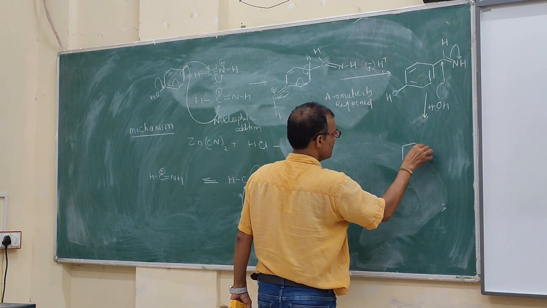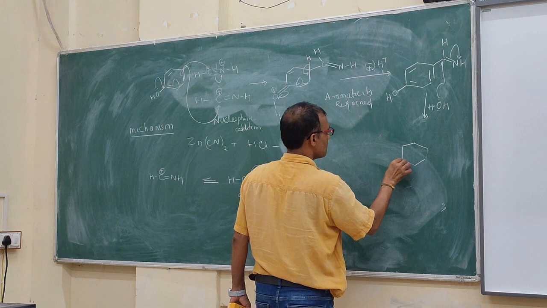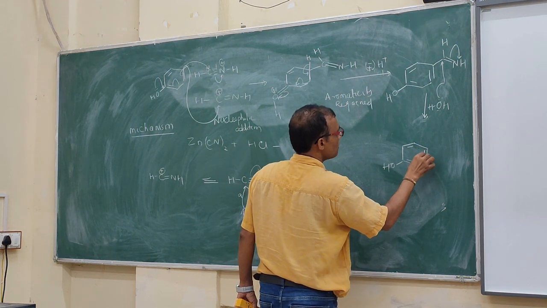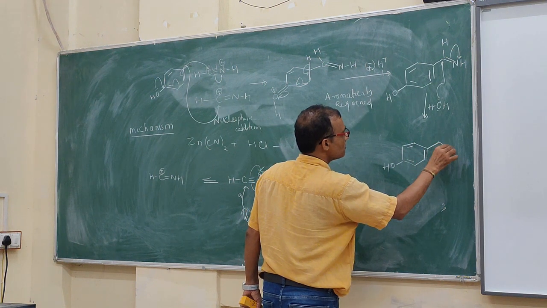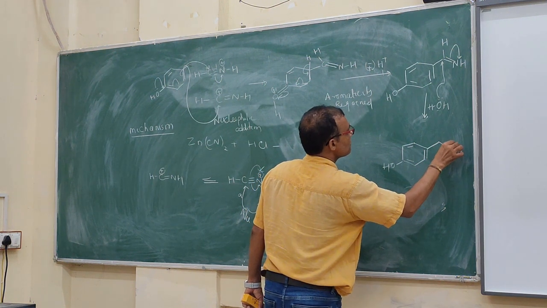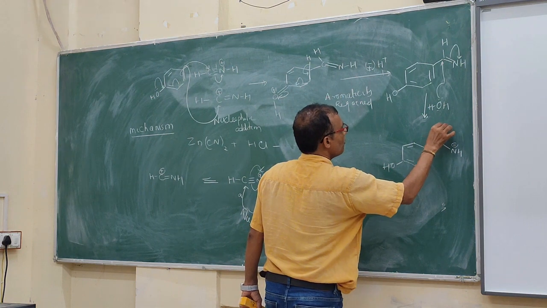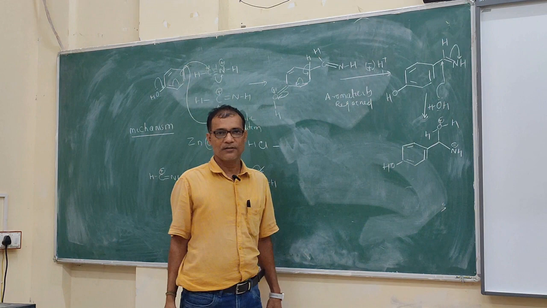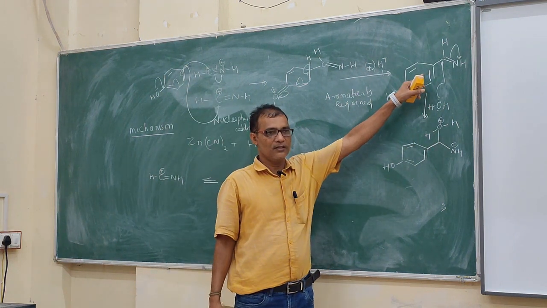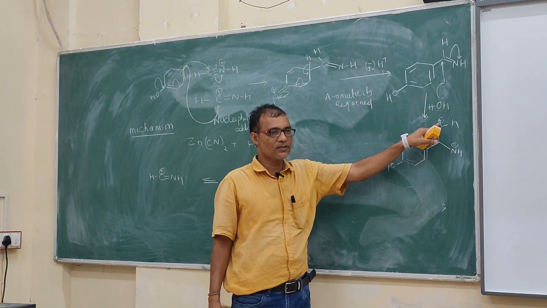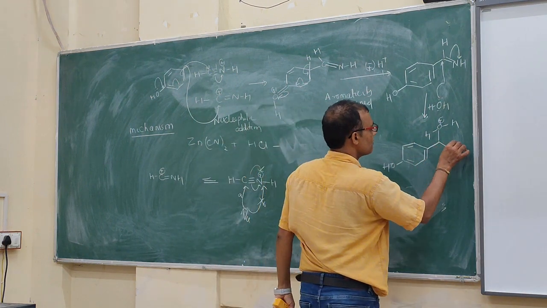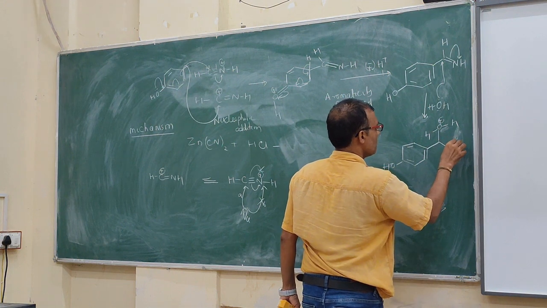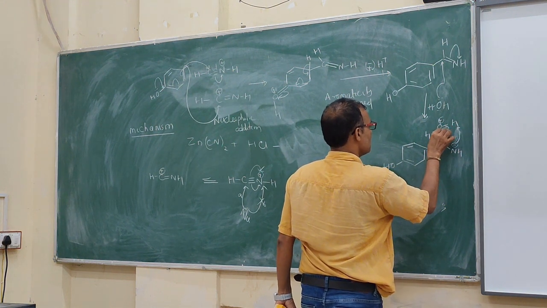So you have this, minus, OH, H plus. Am I correct? The oxygen lone pair takes part in nucleophilic addition, so it becomes plus. This minus will take this proton and get neutralized. Got it?